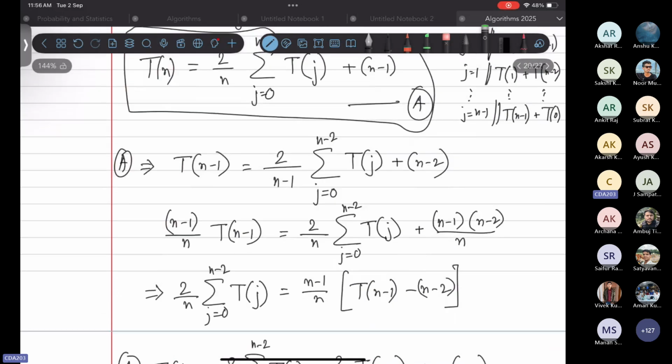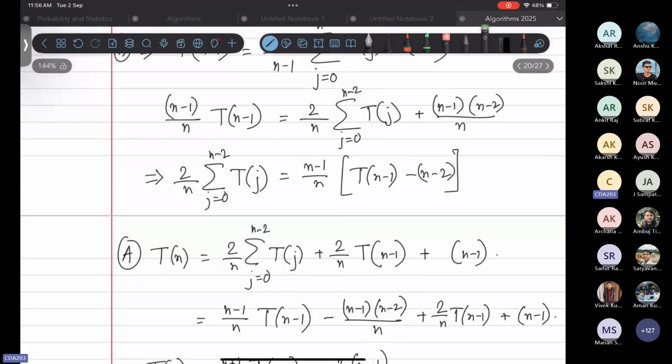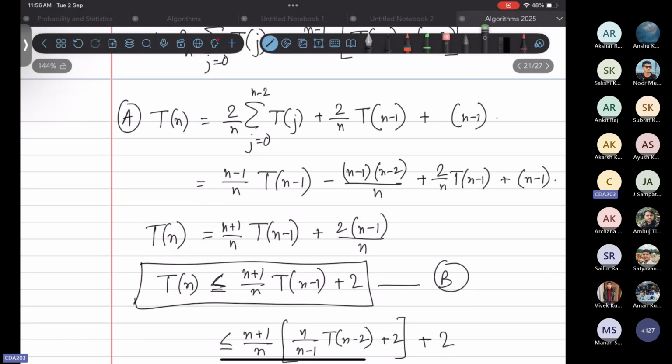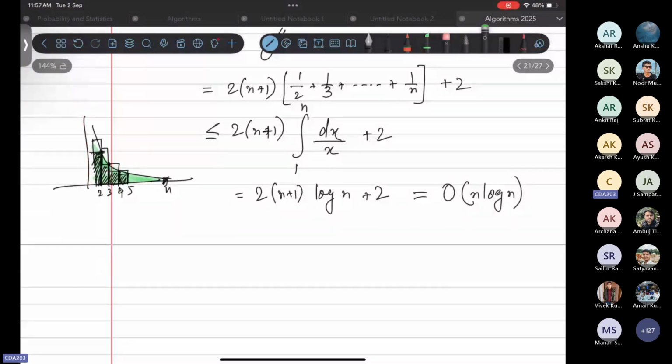For solving this, we replace this recurrence with a much simpler form of it, keep on substituting this equation and then got this. And that tells you that on an average, the running time of randomized quicksort is n log n.